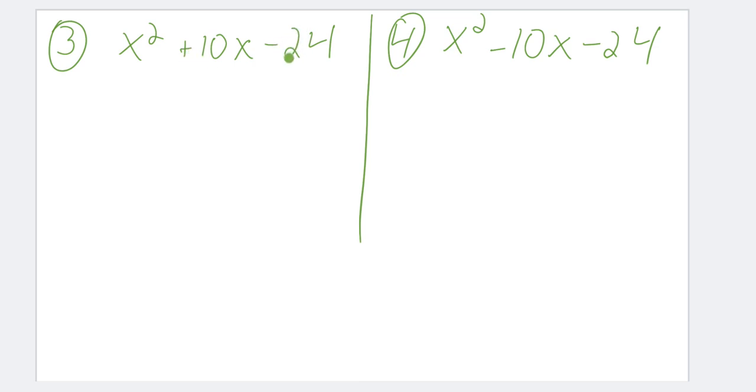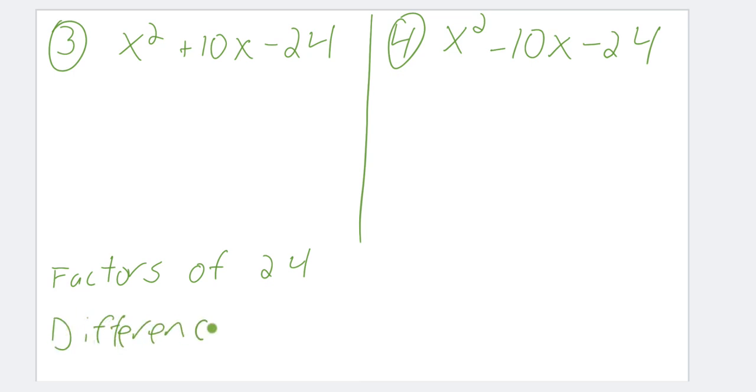Negative 24, that means that my factors are going to be opposite signs. So we're still going to be looking for factors of 24, but a difference of 10. So we're still going to go with 2 and 12 here. Those ones that still have a difference of 10. And I'll keep them in the same place even.